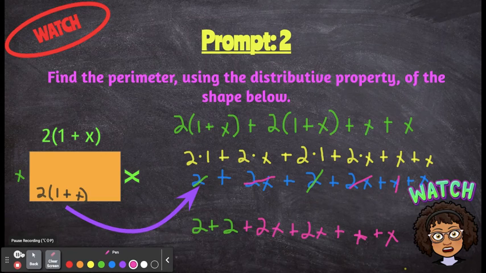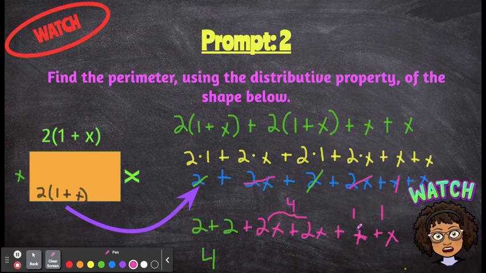So now let's solve this. All right, so we already know 2 plus 2 is 4. But let's look at all of this down here. All right, guys, so that now becomes, because we're looking at the coefficients, that number right beside that variable. For this one is x. So 2 plus 2 is 4.